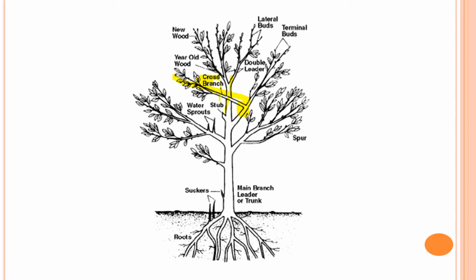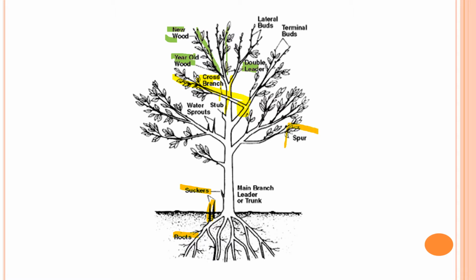There's another branch here that's called double leader. We wanted to maintain, for example, only one. Sometimes we have to remove the old wood and keep the new wood. Sometimes we remove parts like suckers here at the bottom. Suckers are the parts of the plant that come, usually they are stems that come from the roots. All this needs to be pruned.